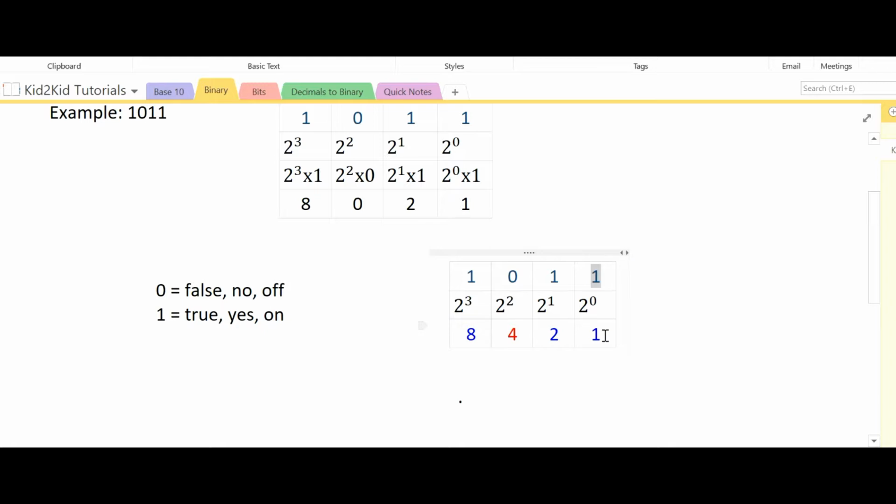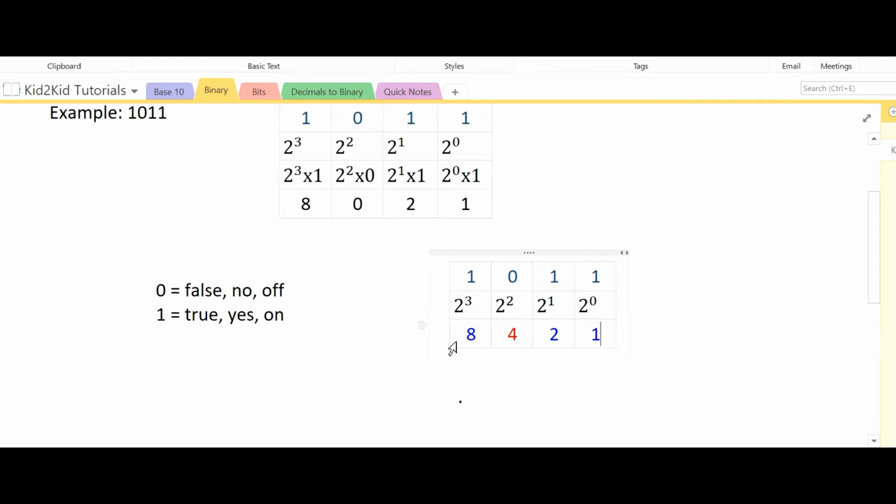And then, since we have a 1 over 2 to the power of 1, 2 to the power of 1 equals 2, and we use that too. But since we have a 0 over 2 to the power of 2, then we don't use 2 to the power of 2, which is 4.